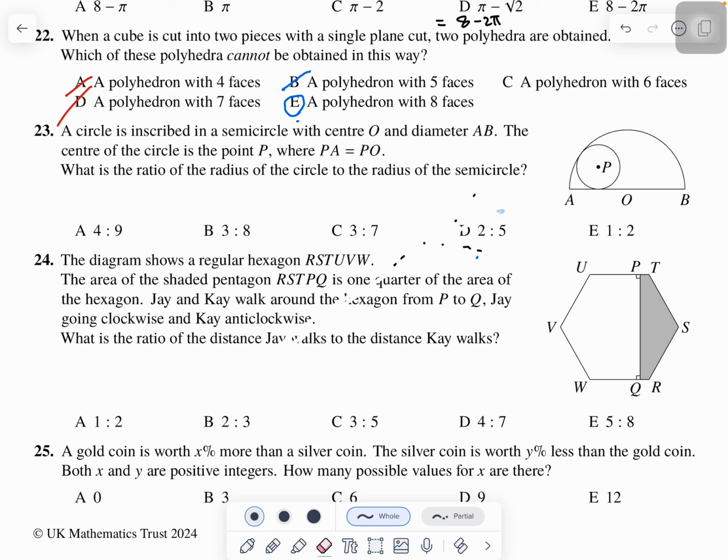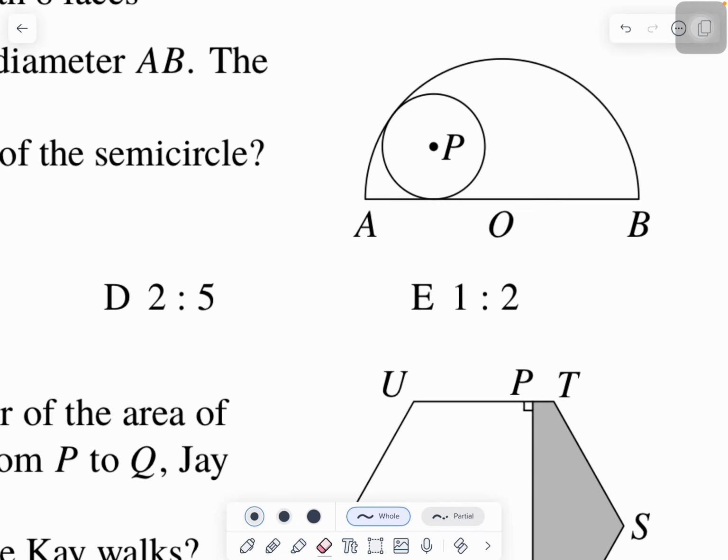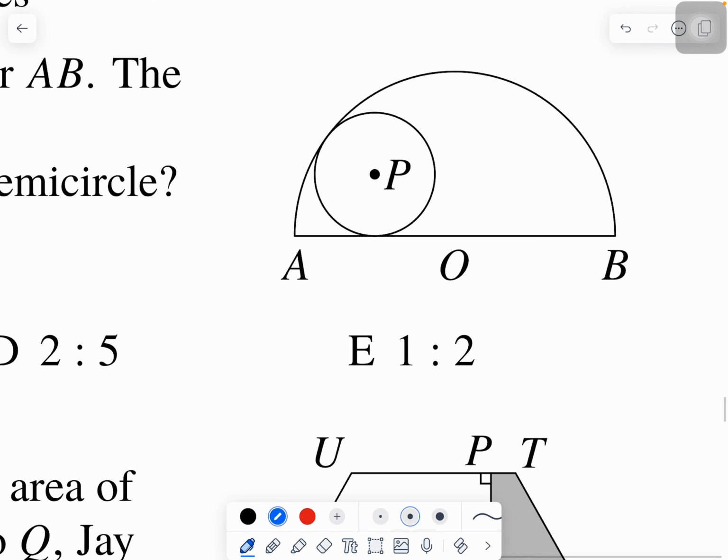And 23, that is P and PA, PO same, the ratio of the radius of the circle to the radius of the semicircle. Oh, okay. So there's a small radius and a large radius, we need to find it. Like this.